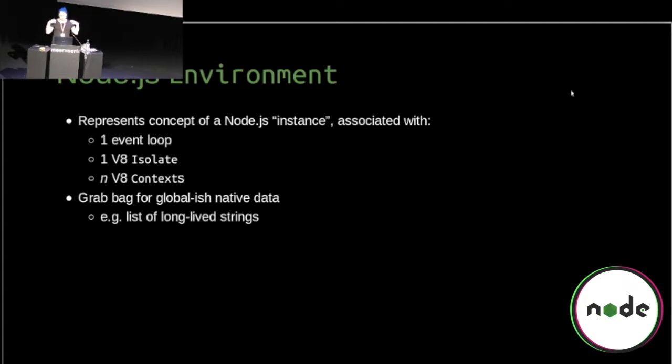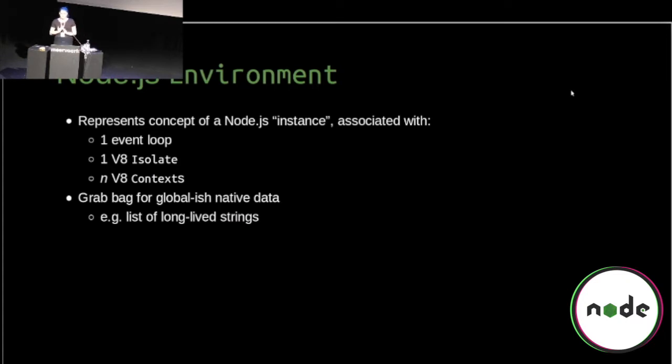We also have this environment class, which is on some level just a grab bag of different things that are associated with one Node.js instance, whatever exactly that means. Currently, effectively, we have one Node.js environment per thread. So for example, each worker thread would have one environment instance. It's always tied to one libuv event loop and one V8 isolate.